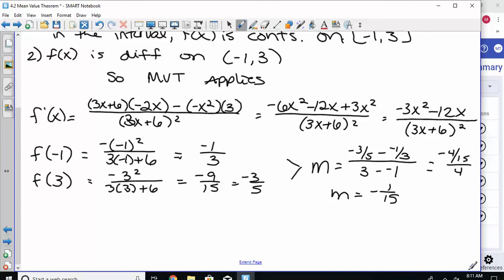Are you guys checking that? Don't believe everything I tell you, double check. So what this tells me is that the derivative has to equal -1/15 somewhere.